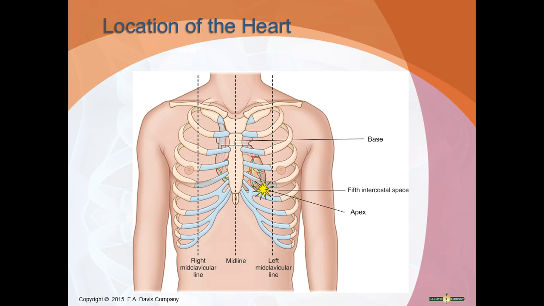The broadest part of the heart, the base, is at the upper right, and the pointed end, the apex, is at the lower left. The point of maximum impulse, where the strongest beat can be felt, is located at the apex, right there. The great vessels enter and leave the heart at the base, so this right upper part here.